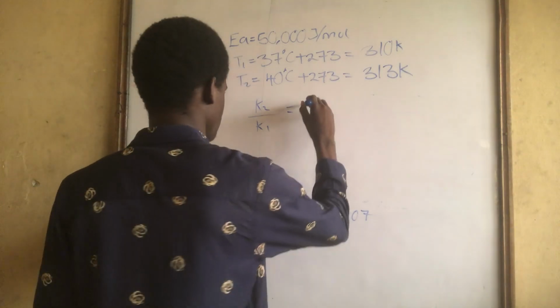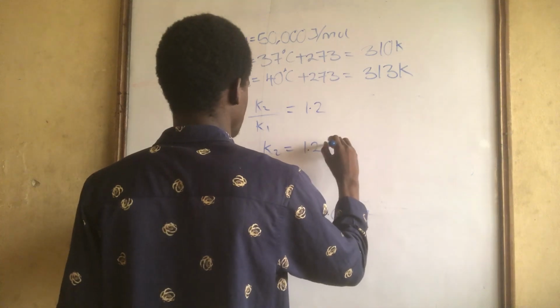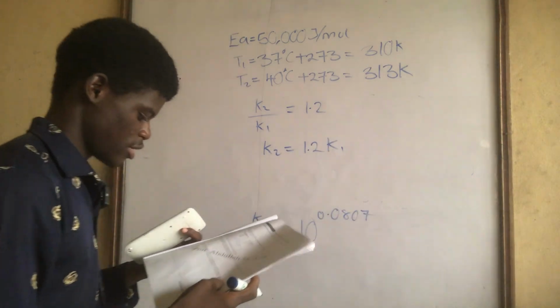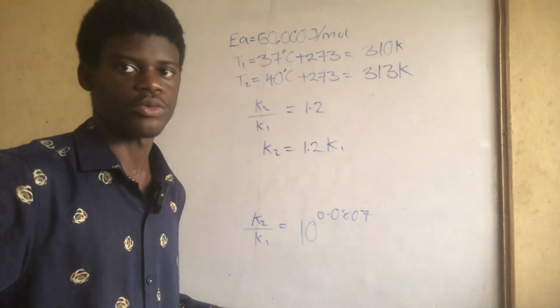That will give 1.2 times. K2 is 1.2 times greater than K1, and the answer is 1.2. So 48 is option B, 1.2.